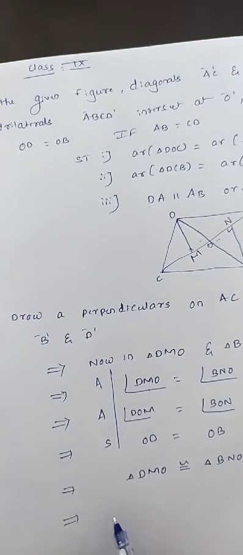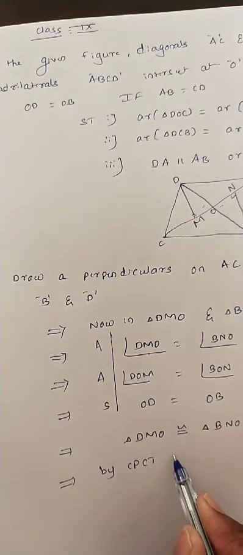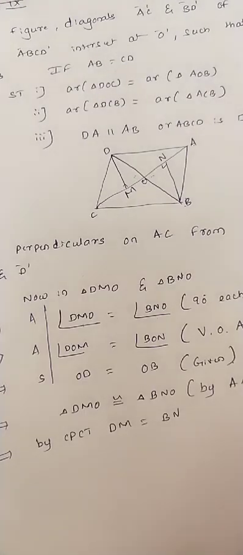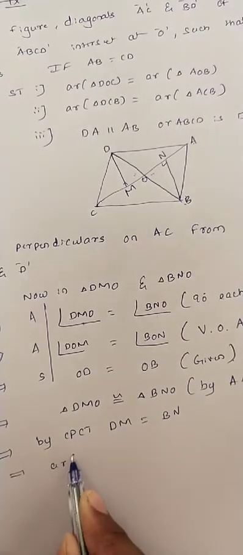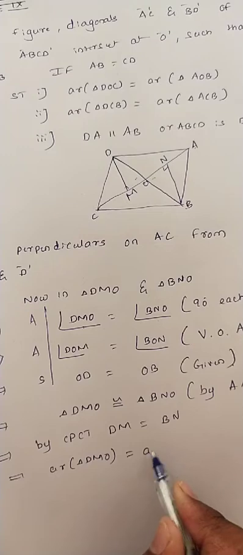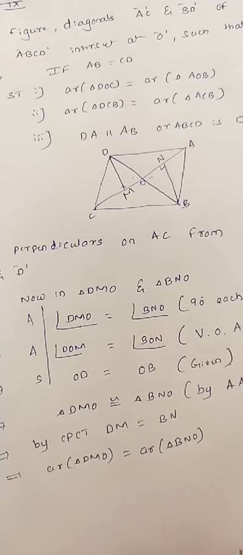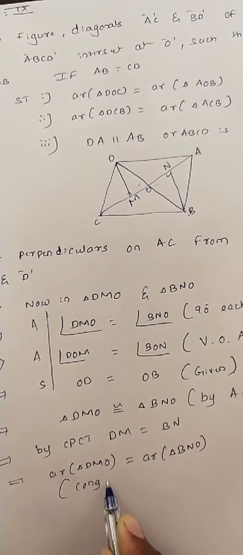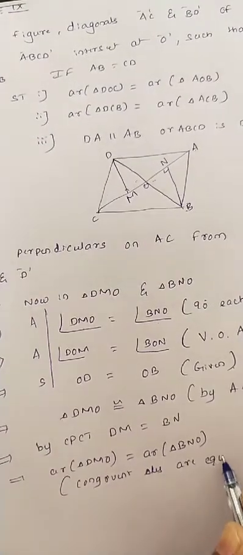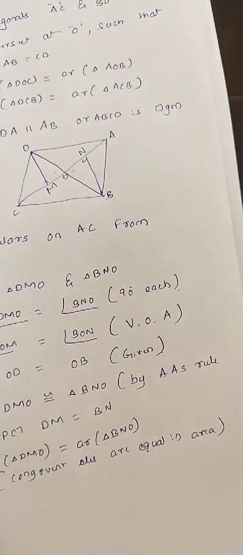By CPCT I can write DM is equal to BN, and area of triangle DMO is equal to area of triangle BNO. Why? Because congruent triangles are equal in area.